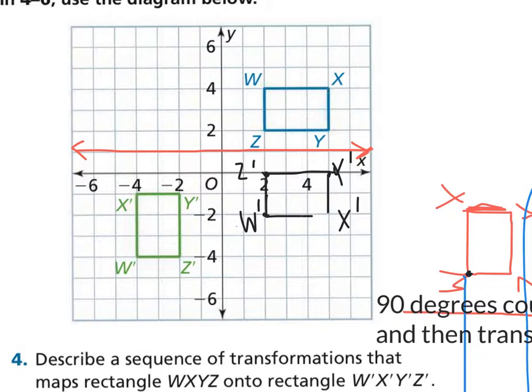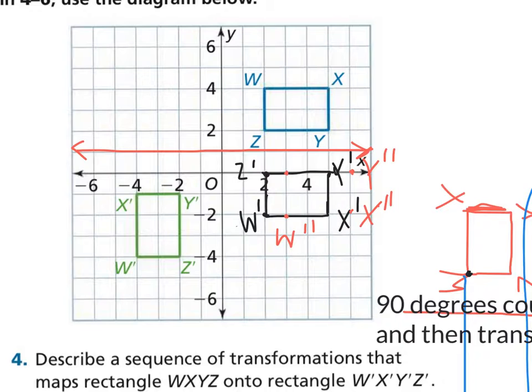So that's how we can tell and fix that. And then we're going to translate 1 unit to the right. So at that point, just shifting everything 1 unit to the right. Make sure we're going the correct way here. And those will be double primes then. We'll put 2 marks next to those.